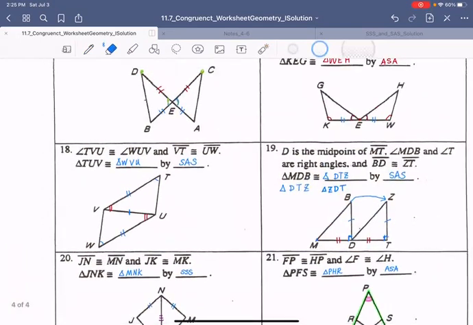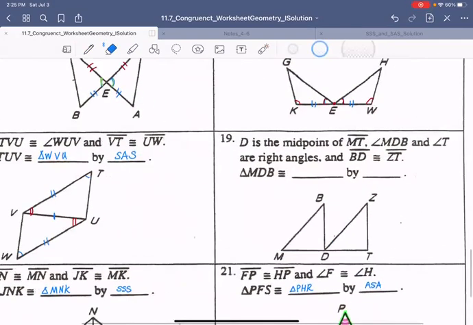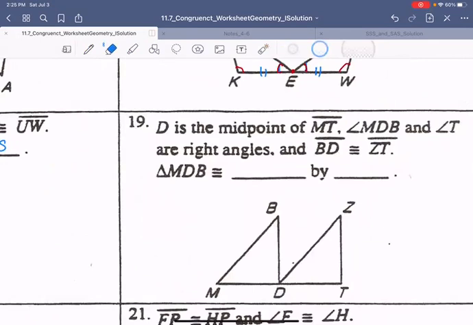Next one. Branson, let's look at 19. D is the midpoint of line MT, so MD is congruent to DT. Angle MDB and angle T are right angles, and line BD is congruent to ZT.